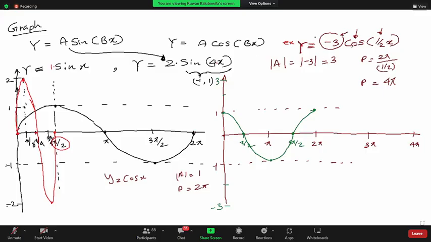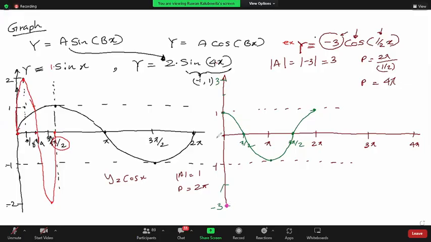Okay. At cos here, if you apply 0, cos 0 is equal to 1. 1 times -3 is equal to -3. You have to find out the starting position. So you can start the drawing from here.